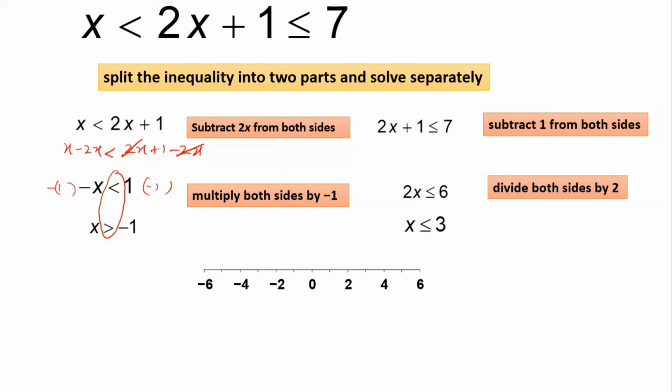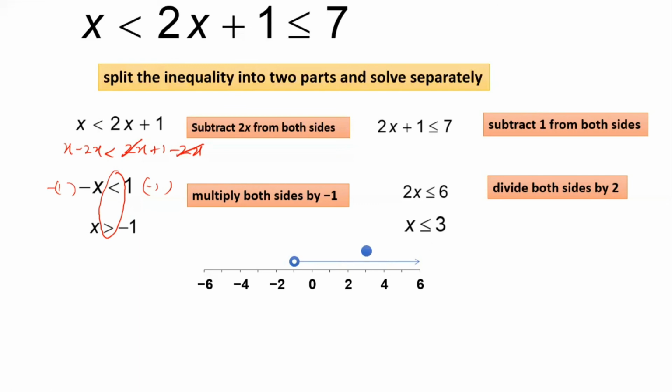Now, let us represent these inequalities on the number line. Since x is only greater than minus 1, we show an open circle at minus 1, and it will take all the values greater than minus 1. x is less than or equal to 3, so we will have a darkened circle, a closed circle, at 3.